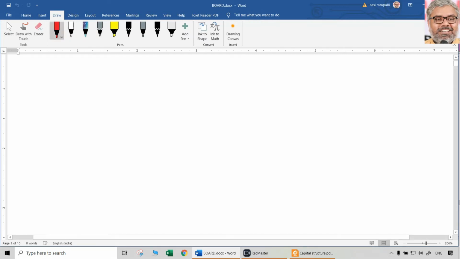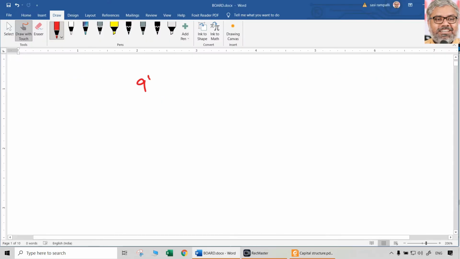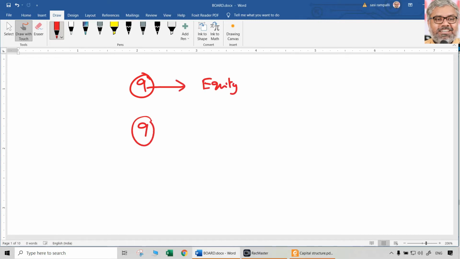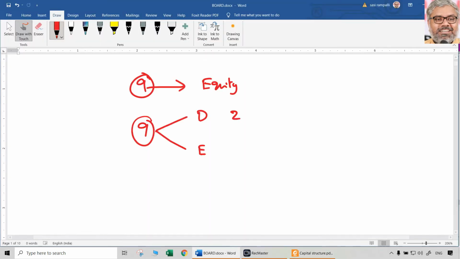One, you can raise the entire 9 crores through equity, because that is the 9 crores which is required. Entire amount through equity, that is option 1. Or we can raise it through a mix of debt and equity. But since the financing agencies are insisting on a 2:1 debt equity ratio, debt should be 2, equity should be 1.